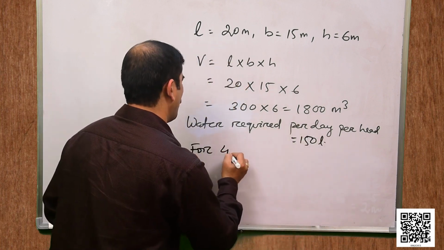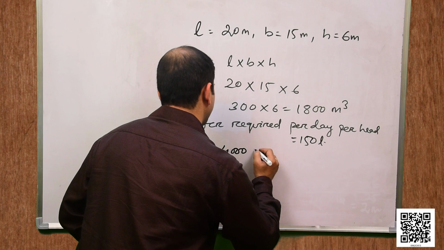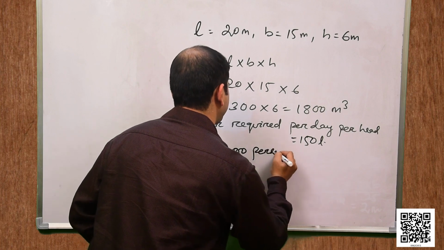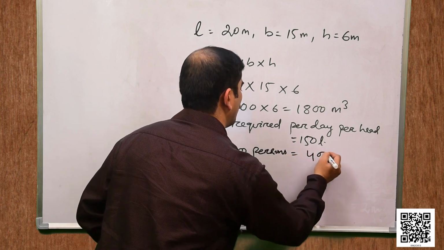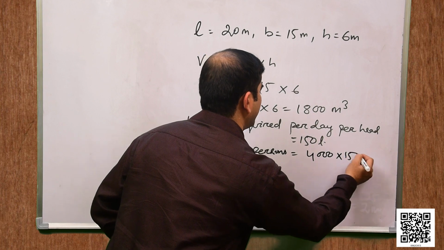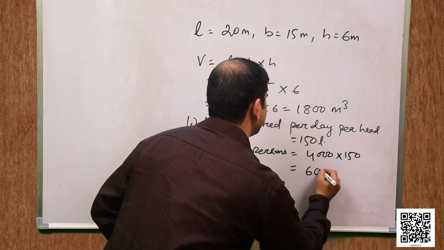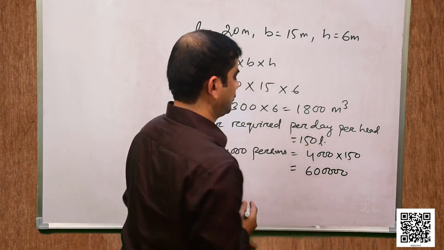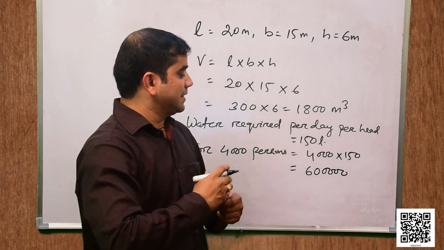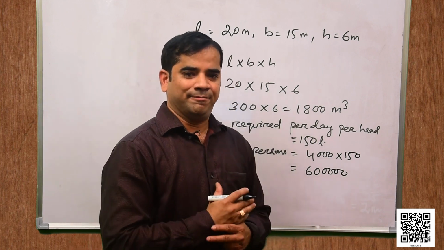So, for 4,000 persons, it is equal to 4,000 into 150. It is 6 lakh liter.